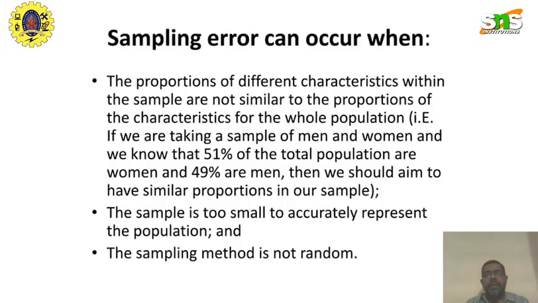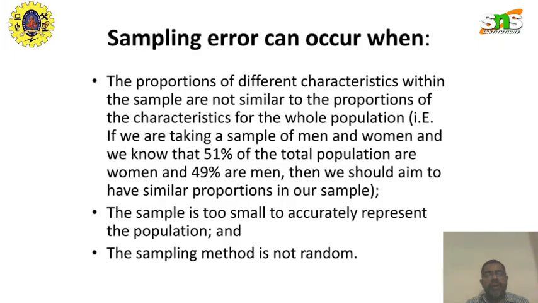So whenever we are characterizing, we have to evaluate the people with appropriate questionnaires, which rely on people's mindset and favor toward political parties. So we should have the proportions of the different characteristics within the sample.